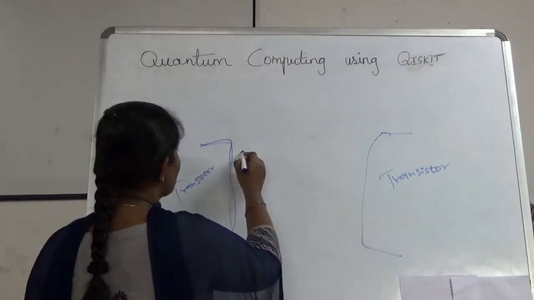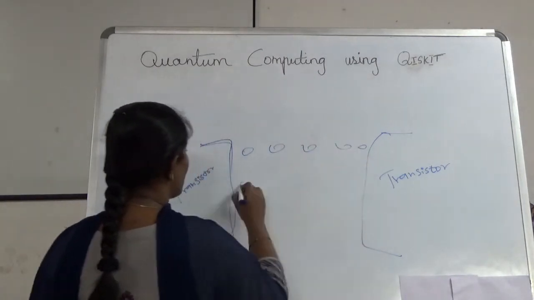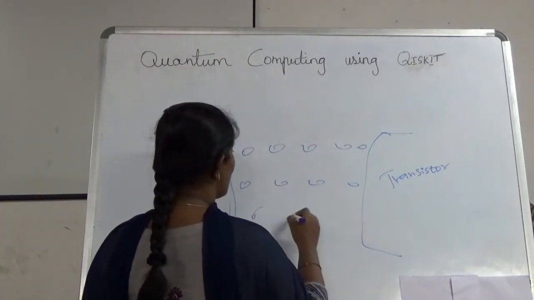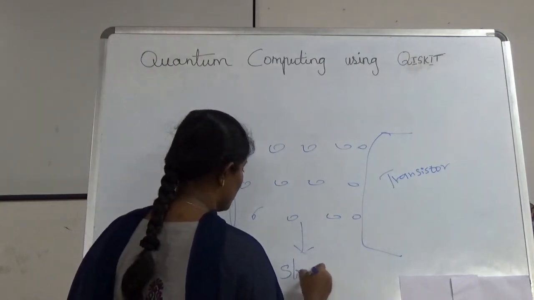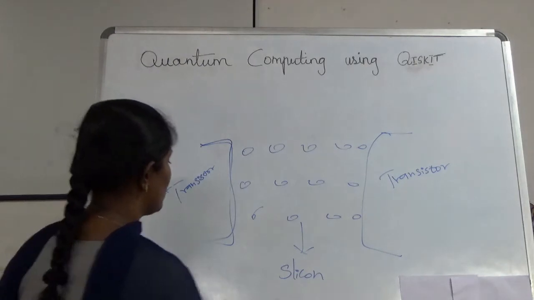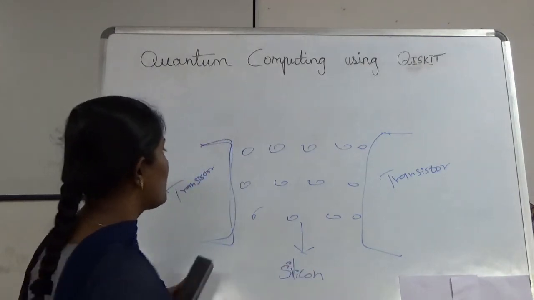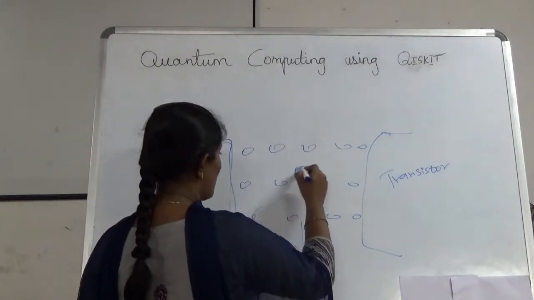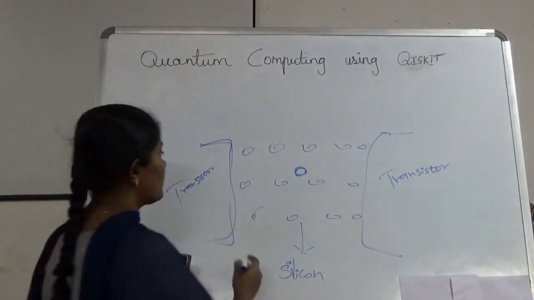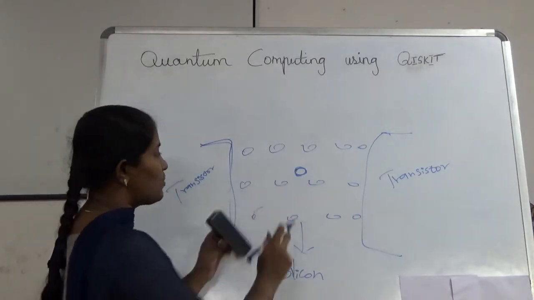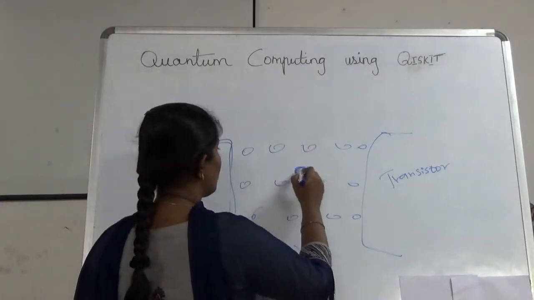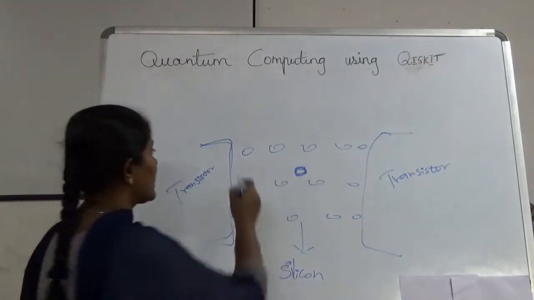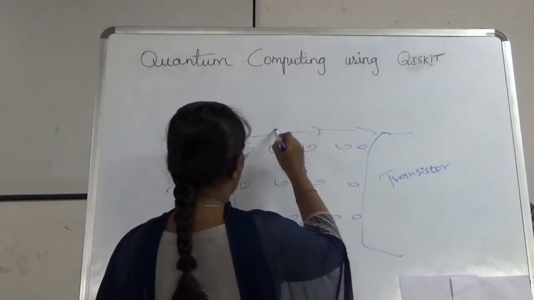between two transistors we will have some silicon atoms. In that we have only one phosphorus atom. If the electron spin in the phosphorus atom is in the up state, the electron will be excited and it will produce a current flow.